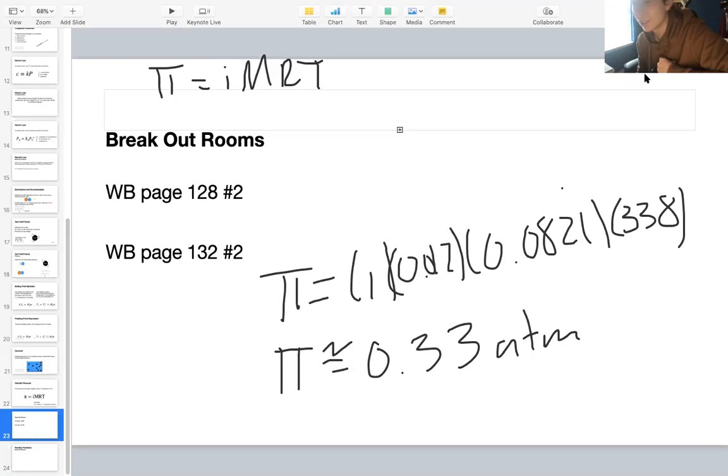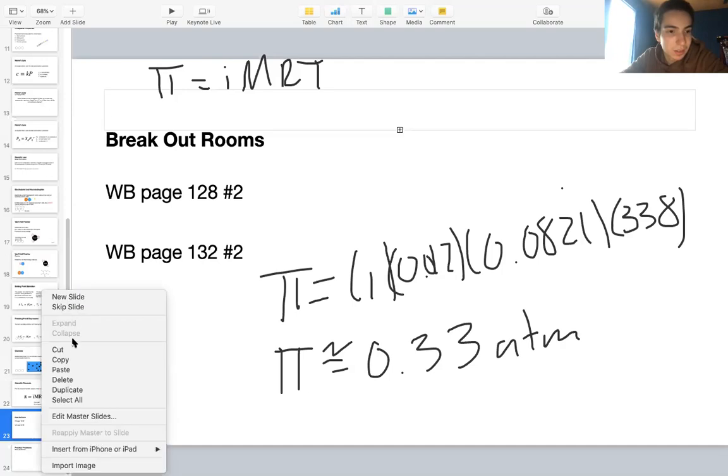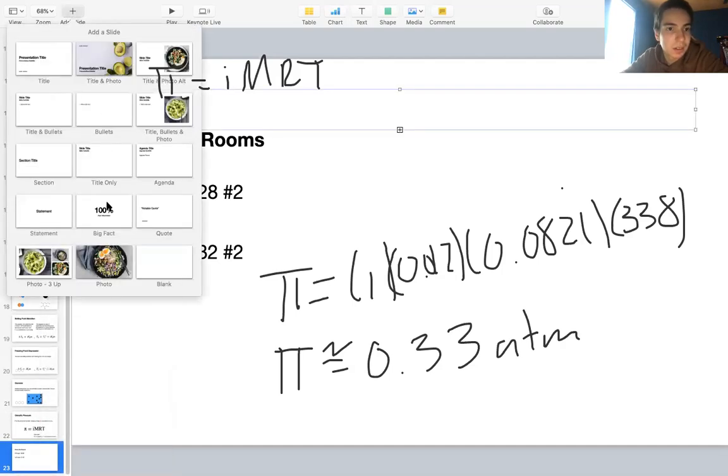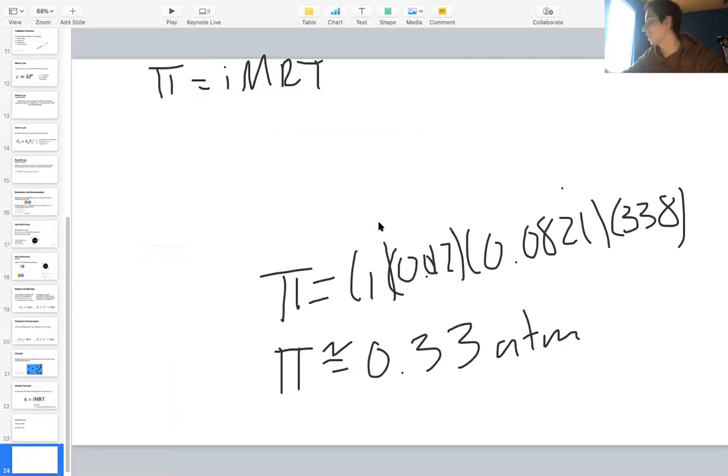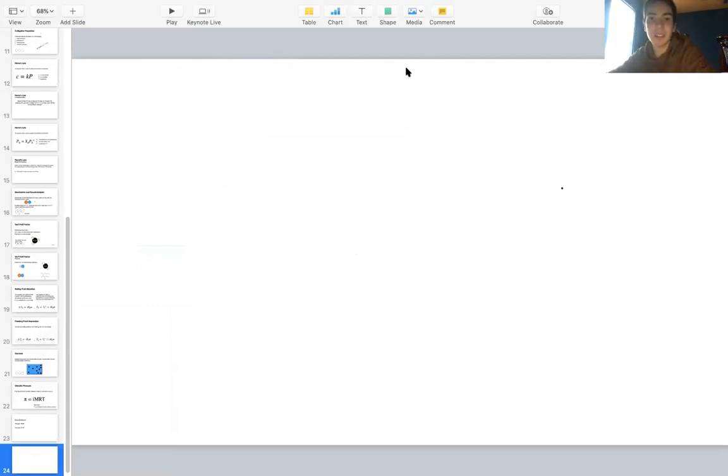You guys could work as a class for these first couple problems, and then we'll see where we go. I don't have any questions lined up, but let me give myself a blank slide. So let's see.